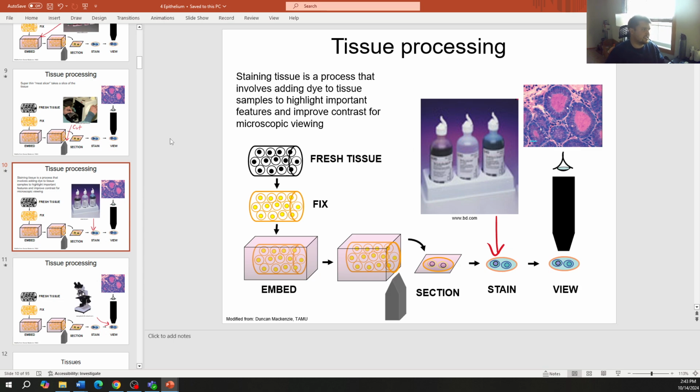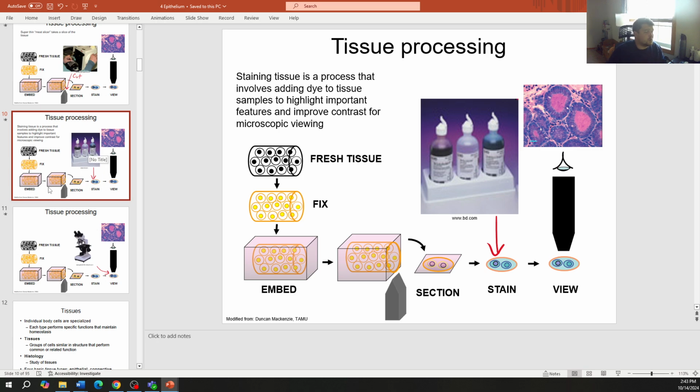So just go ahead and make a little table, is what I'd recommend, and start writing down the different types of stains. In this course, we'll see H&E staining, silver staining, another sulfate stain, Oil Red O, something for staining for fat cells. There's a handful of them.